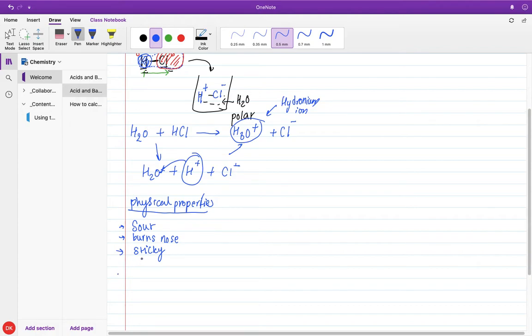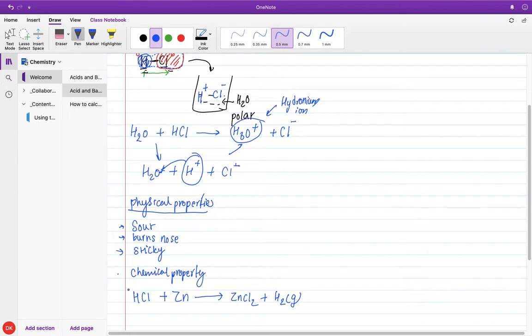Your chemical property of acid is that if you put a metal, for example zinc, in hydrochloric acid, you tend to produce bubbles, and those bubbles are hydrogen gas.